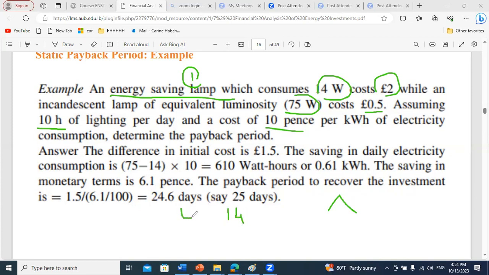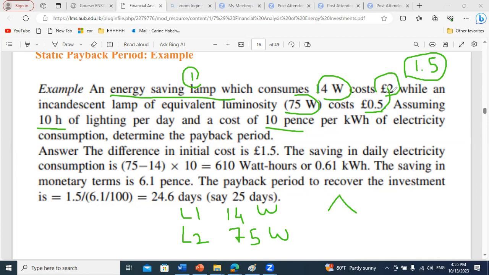This is for lamp 1, while lamp 2 is consuming a much larger amount, which is 75 watt, but also the cost is larger for lamp 1 compared to lamp 2. So we have a difference in cost of 1.5. So here our investment, whenever we want to compare two projects, we should compare the differences. So the difference in price is the investment I am putting. So I am putting an extra 1.5 pounds.